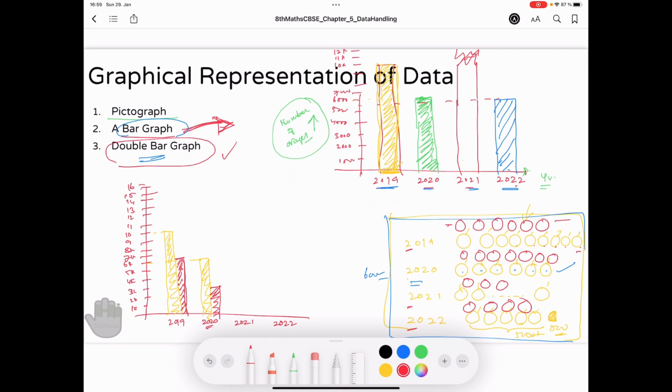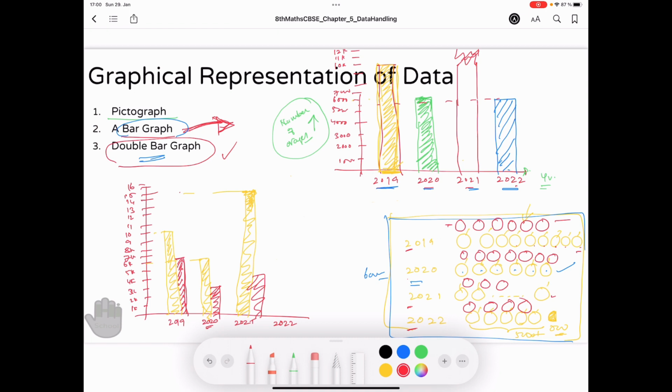In 2021 we had around 15,000, I think. So yellow, 15,000 oranges were here, and this rectangle of 15,000 height represents the 15,000 oranges yielded in 2021, and similarly 4,000 apples in the year 2021. So 4K is just here.